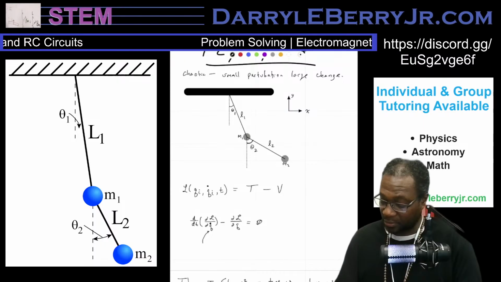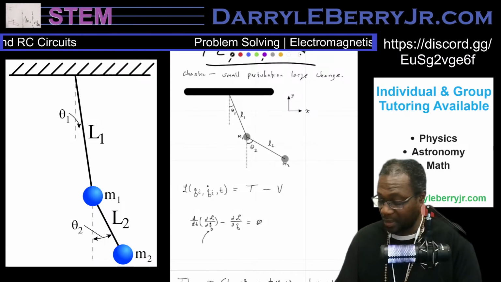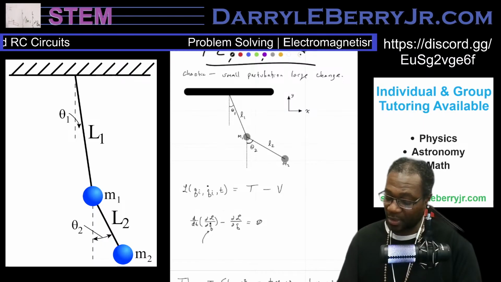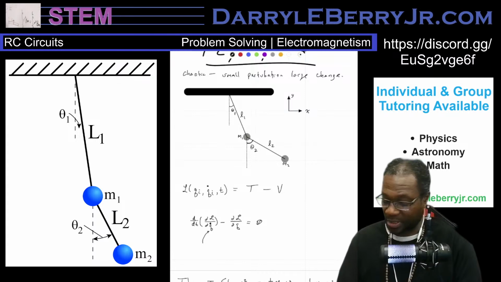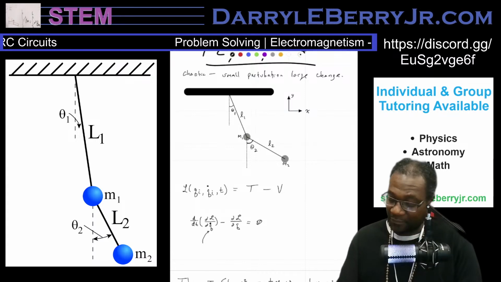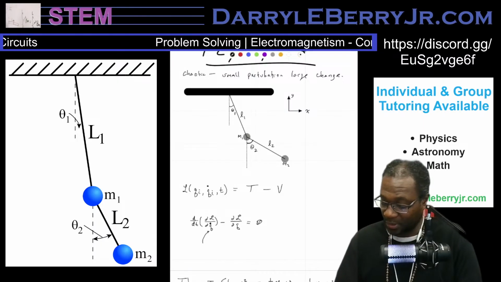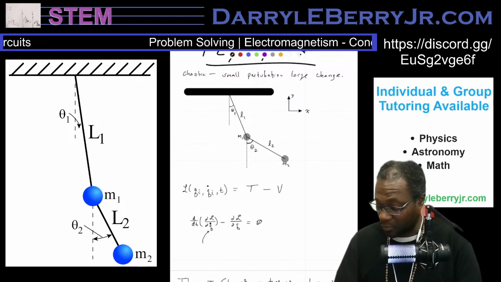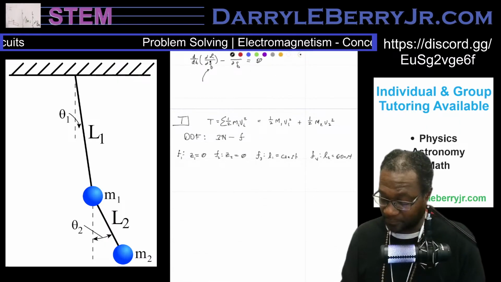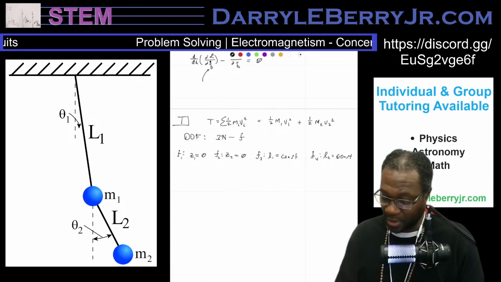And however much M2 moves, it can still only move limited by where M1 moves, since they're connected. And however much M1 moves, it can only move so much because it's connected to the bar at the top. So those are limits. The fact that L1 and L2 are connected and unmoving.